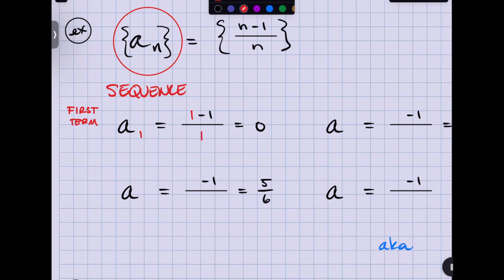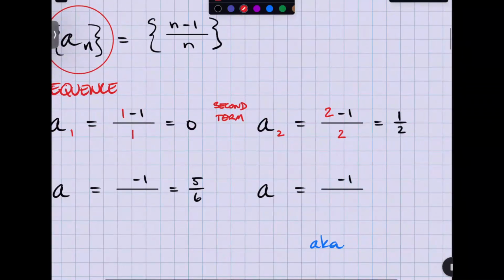Okay, so based on the formula that's given on that example, the first term is going to be 0. If I was looking for the second term, that means n is going to be 2. So it would be 2 minus 1 over 2, which is 1/2.